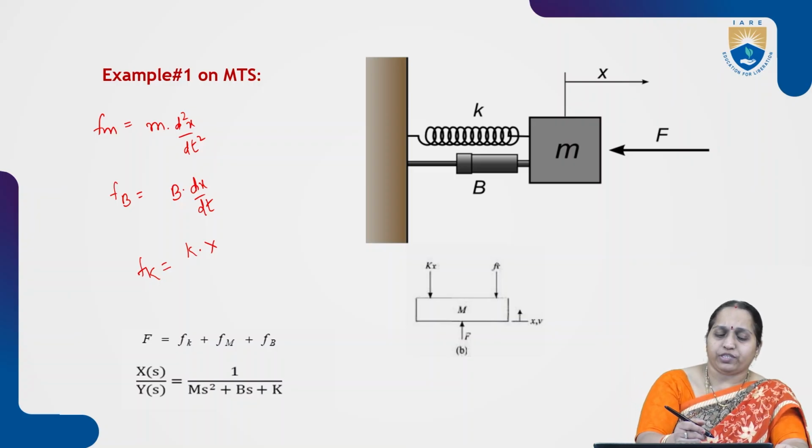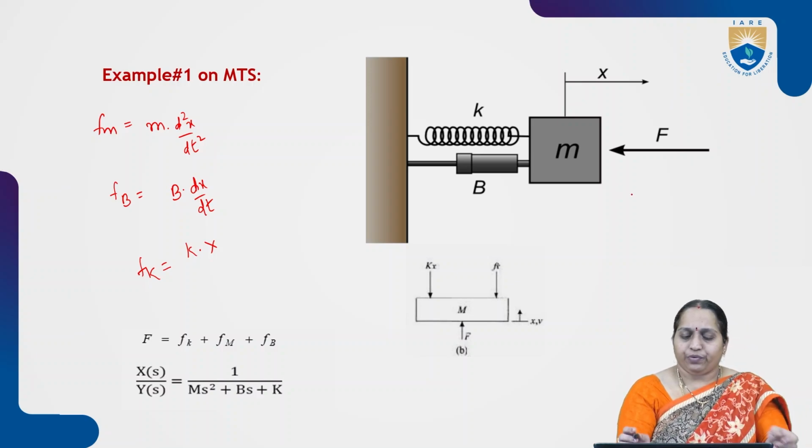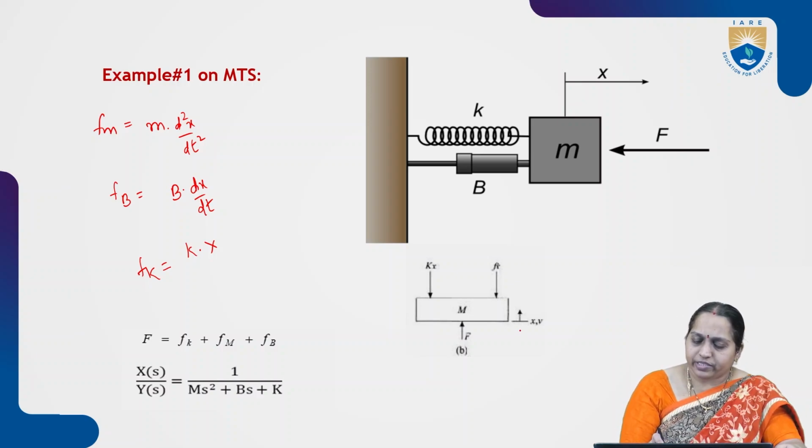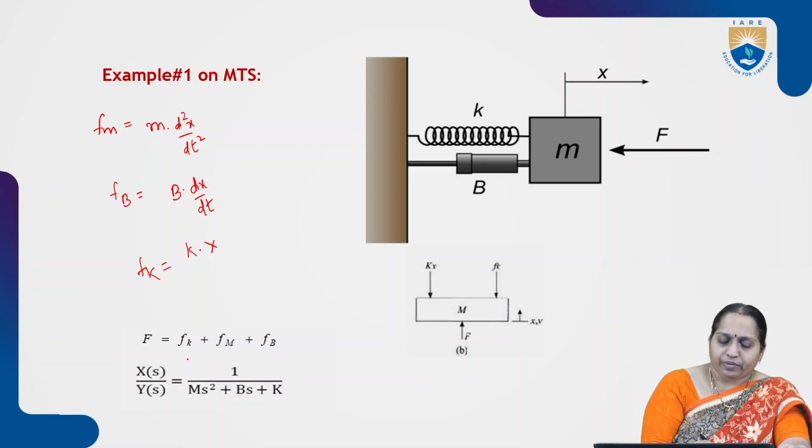Now, if you equate the sum of all these forces, F is equal to Fk plus Fm plus Fb.